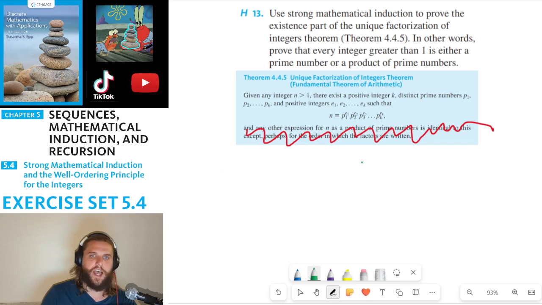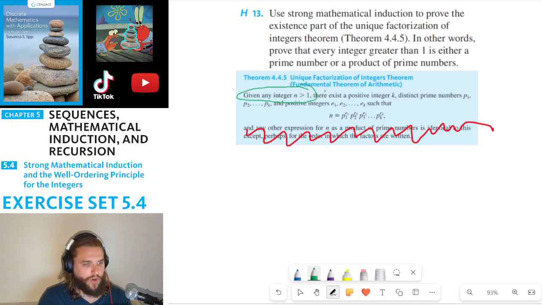Now, let's first identify what P of n is here. This is going to be a little weird to look at, but P of n is really long. It's everything except this universal quantifier here. We don't want to include the universal quantifier in the predicate P of n.